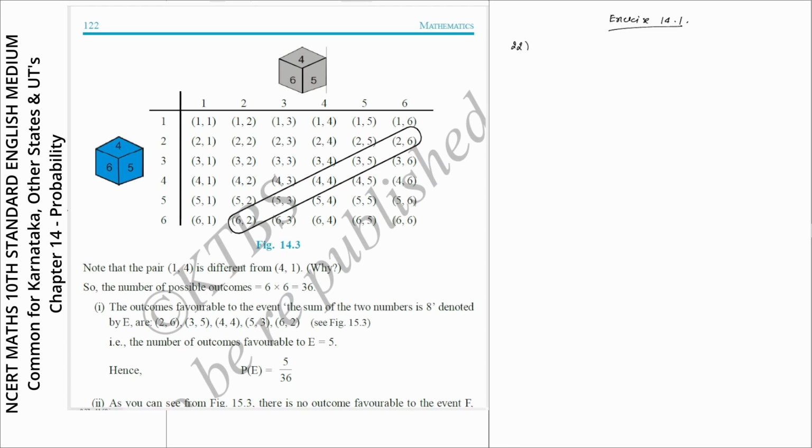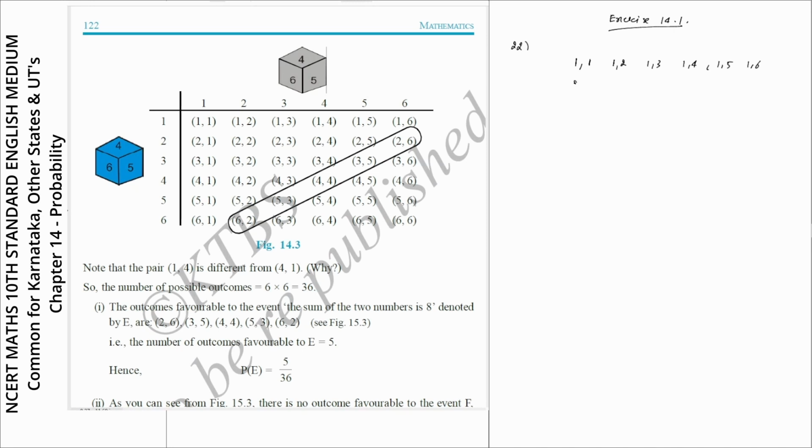I'll show you. If the first dice shows up 1, the second dice may also show up 1. Similarly, for the first dice 1, the second dice may show up 2. So similarly 1 comma 3, 1 comma 4, 1 comma 5 and 1 comma 6.